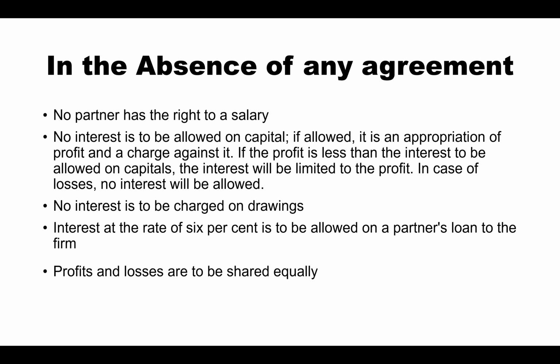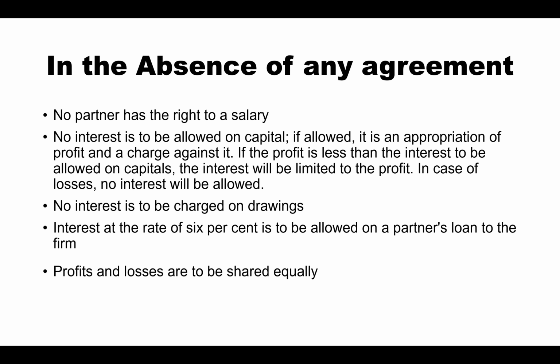In the absence of any agreement, sometimes the partnership has not made any agreements. In that case, no partner has the right to a salary. So there will be no salary. Then no interest is to be allowed on capital. If allowed, it is an appropriation of profit and a charge against it.